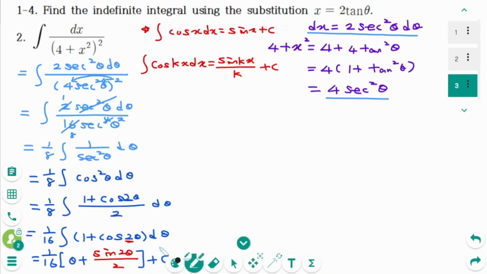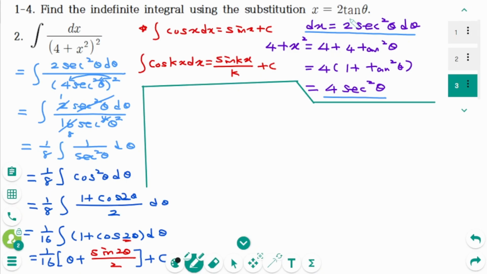From here, divide by 2 on each side, x over 2 equals tangent theta, then theta equals arctangent of x over 2.